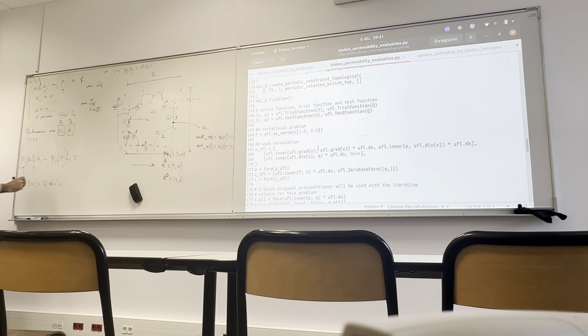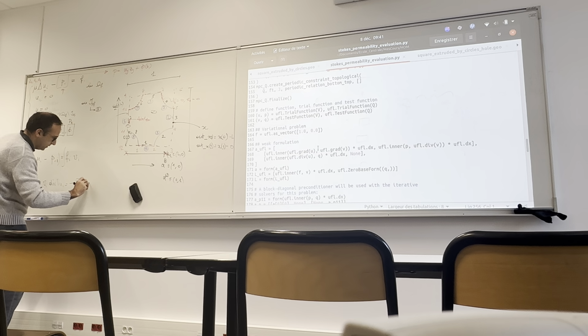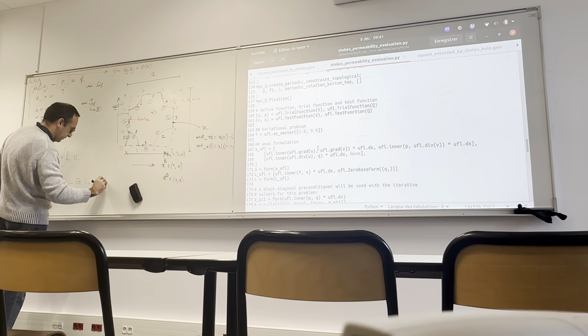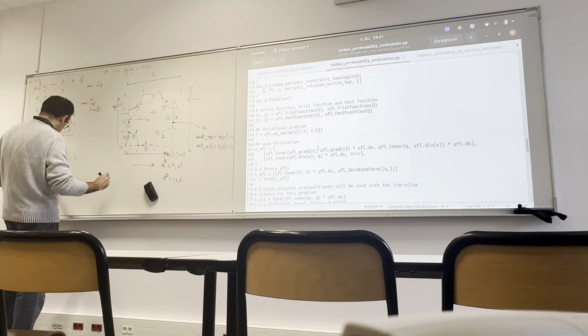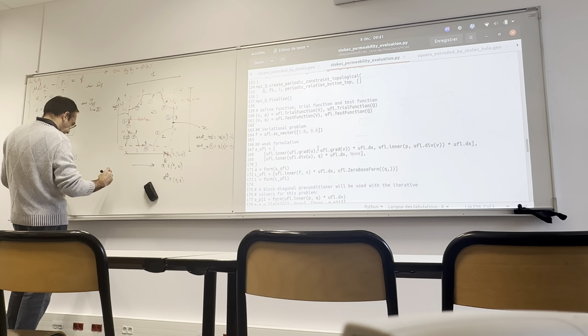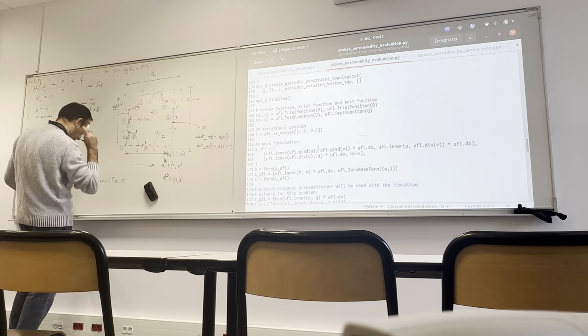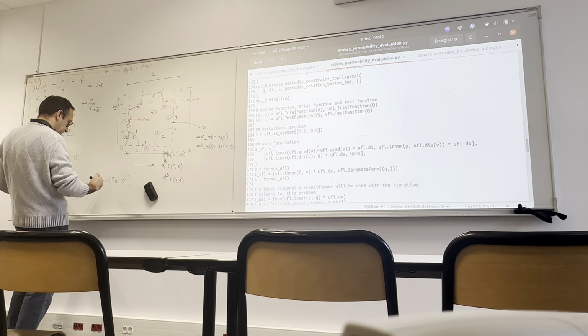So in the end, this will be minus the gradient of v_i times the gradient of u_i, plus the divergence of the gradient of u_i times v_i.